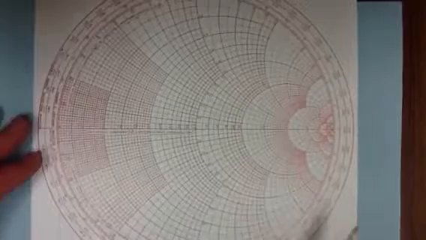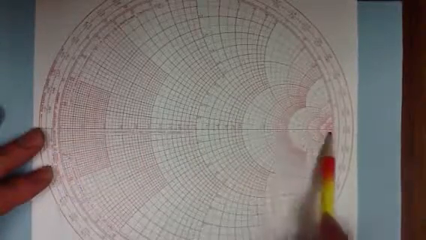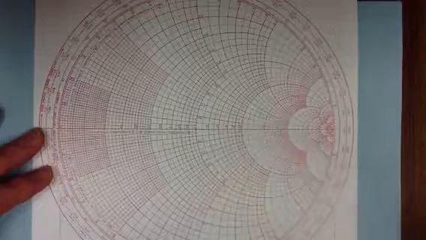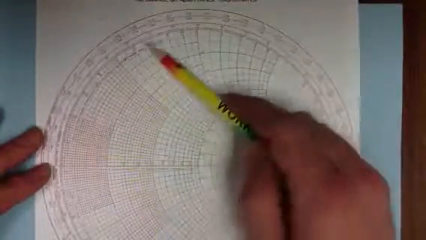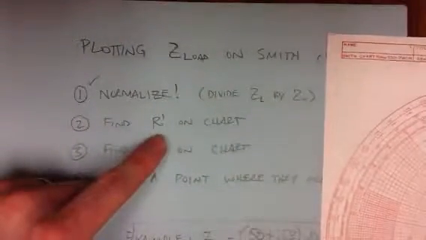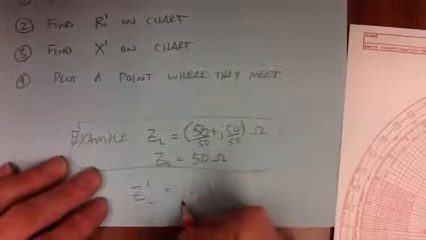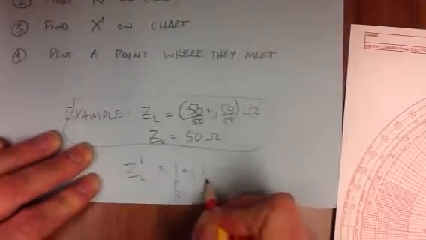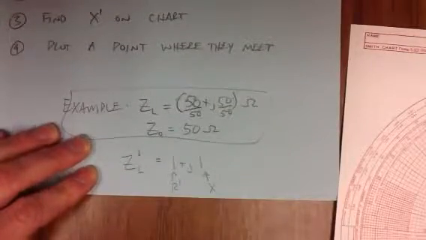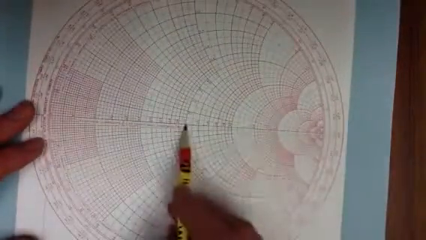Step 2, we find normalized R on the chart. Here's the Smith chart. The R values are the numbers along here, and the X values are the numbers along here and down here. To find the normalized R, which we worked out to be 1, I go along the R values, and 1 is right here.